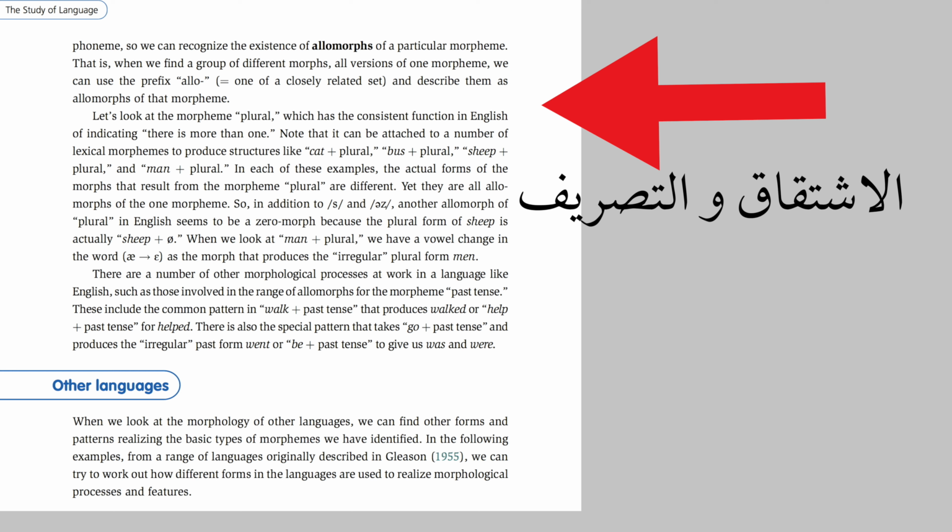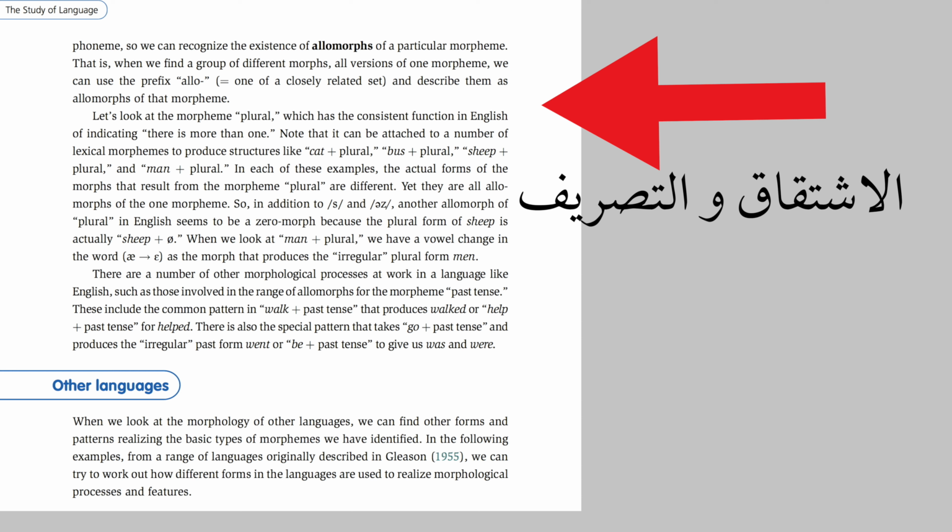We can use the prefix allo, one of a closely related set, and describe them as allomorphs of the morpheme. Let's look at the morphemes here, for example, plural, which has the consistent function in English of indicating there is more than one.